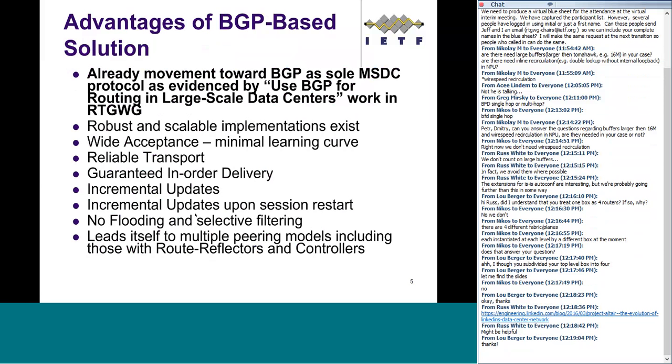There is inherent optimization built in delivering packets. It's guaranteed in-order delivery. It can do incremental route updates, including incremental updates upon any session restart, so the protocol has been completely optimized from that point of view. You don't need to flood. You can do selective filtering. You can apply policies, and it lends itself to multiple peering models depending on what the operators would want. Next slide, please.